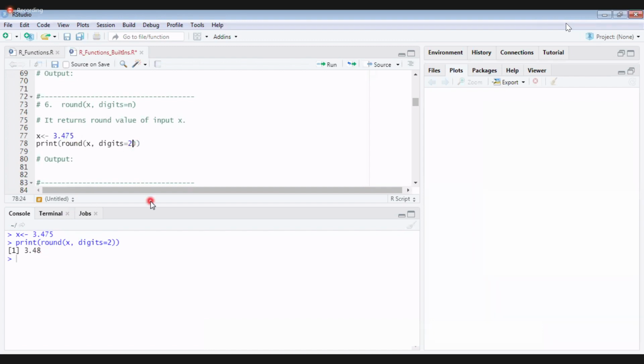Suppose I give it as 3, then these 3 digits get rounded off. If I give 2, it will round off for these 2. If I give 3, it will round off for these 3. I will add one more digit so it will be clear. Got it? 3.4756, you got 3.476. So it has rounded off up to these 3 decimal digits.